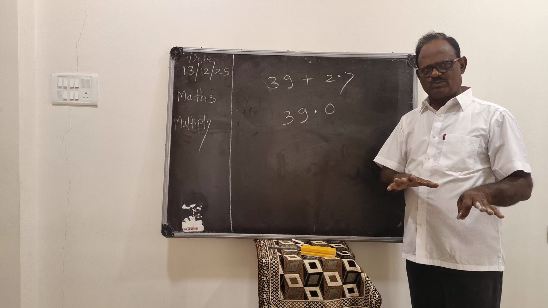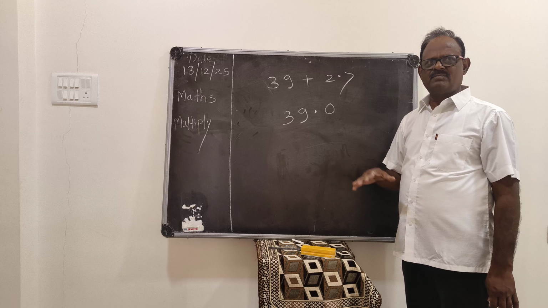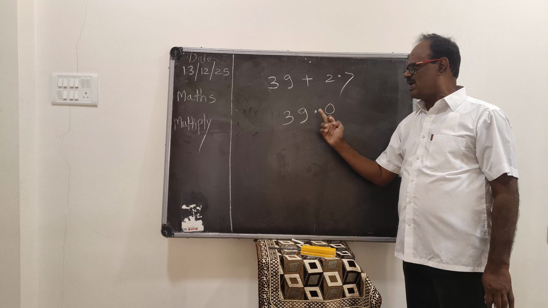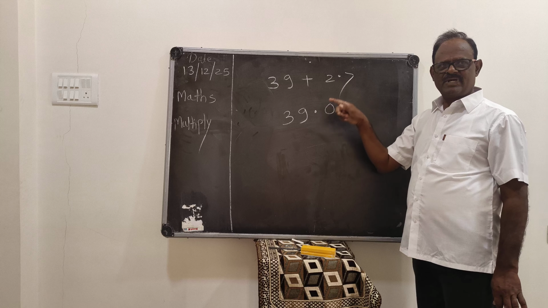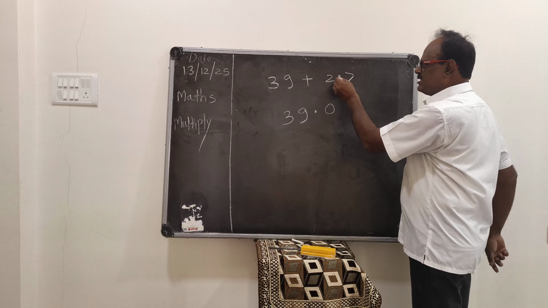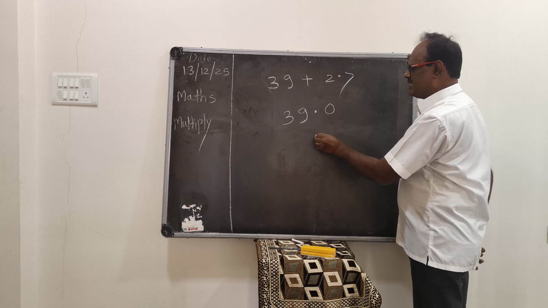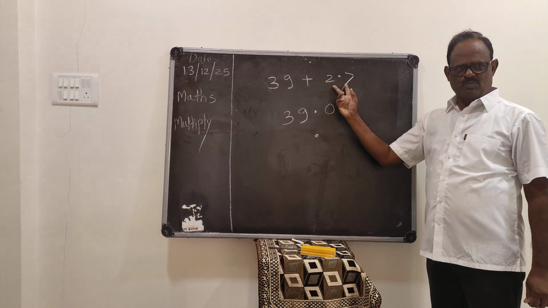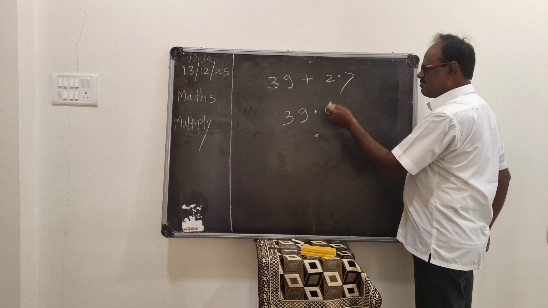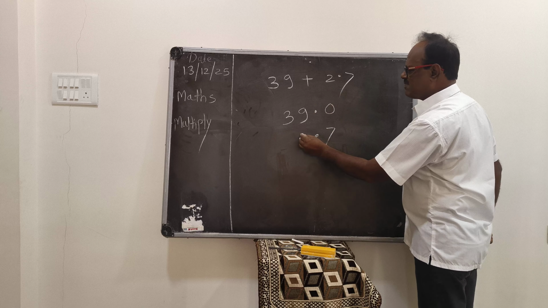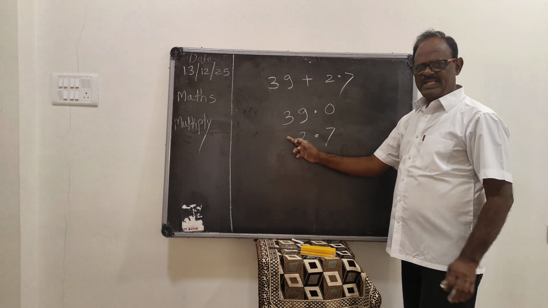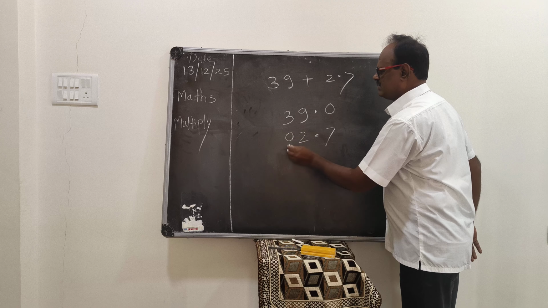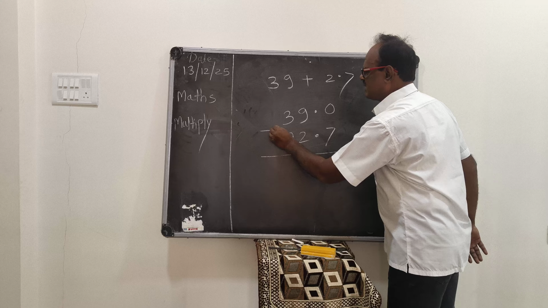Now there is a simple rule: take the decimal point below the decimal point. So I am writing this decimal point here. Now I have to write 2.7, so 7 I am writing here and 2 I am writing here. That's the simple trick. Now the remaining places you fill by 0 and add these two numbers.